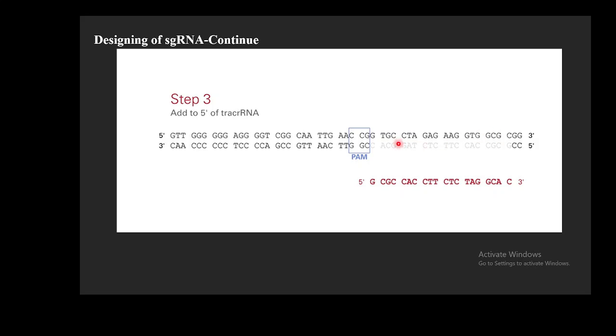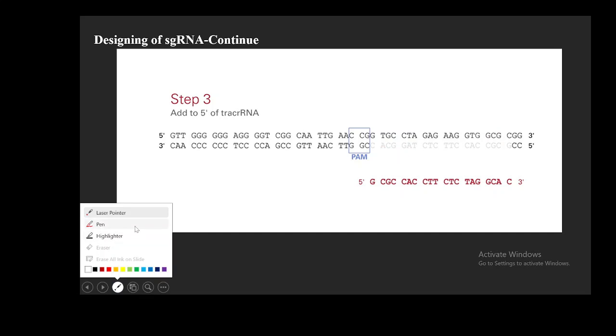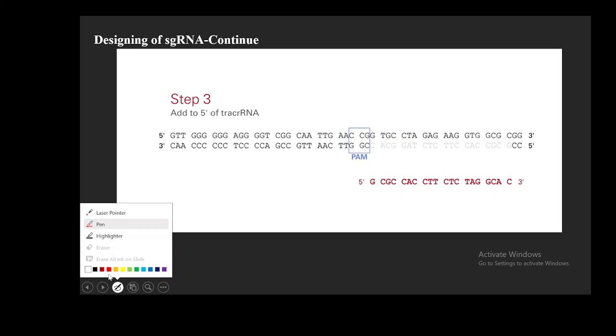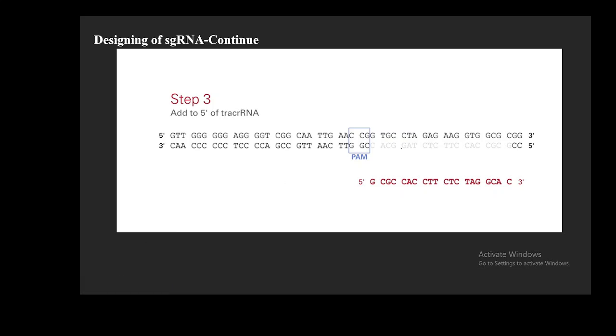So again, this is going to be your coding strand, and this is going to be your non-coding strand. And your sgRNA should have the sequence which is complementary to this particular sequence.